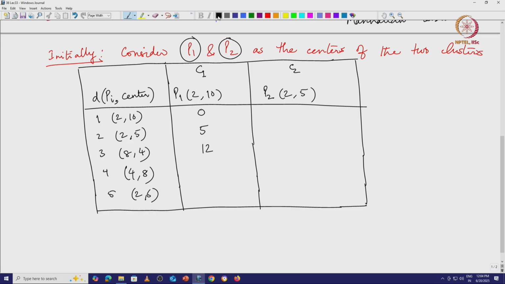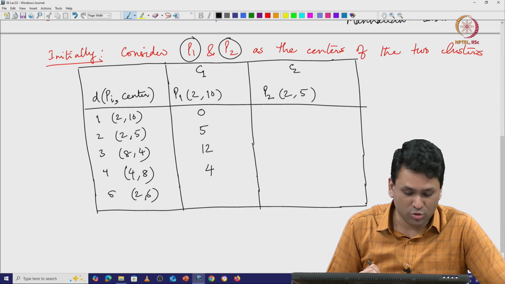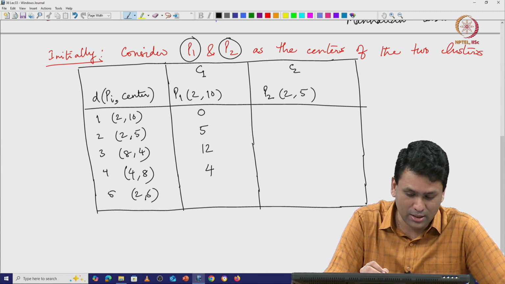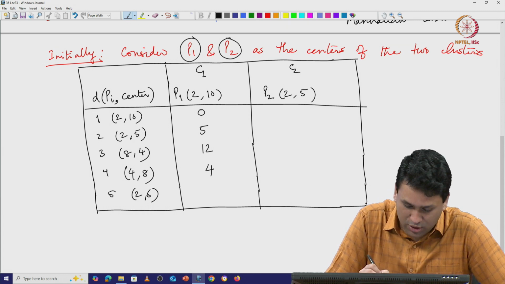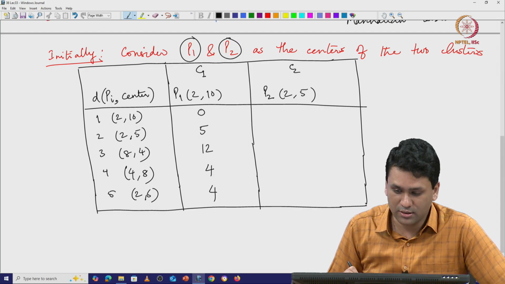Alright. So, that is the distance of 8 comma 4 with C1. Now, 4 comma 8 with C1 is 4 minus 2 is 2, and 10 minus 8 is also 2. So, 2 plus 2 is 4. And similarly for 2 comma 6 you can compute 2 minus 2 is 0 and 10 minus 6 is 4. So, the total distance in the taxi cab metric is 4.